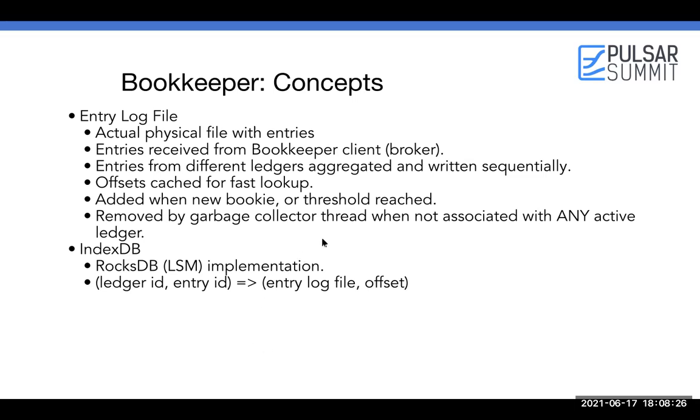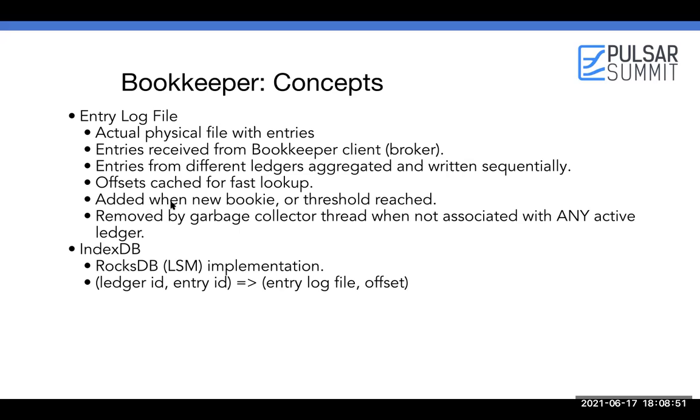And these different broker nodes are writing for different topics. So topics write inside ledgers. So you have data from different ledgers, which are aggregated and written sequentially inside an entry log file. And we have caches on top of these entries for faster lookups.